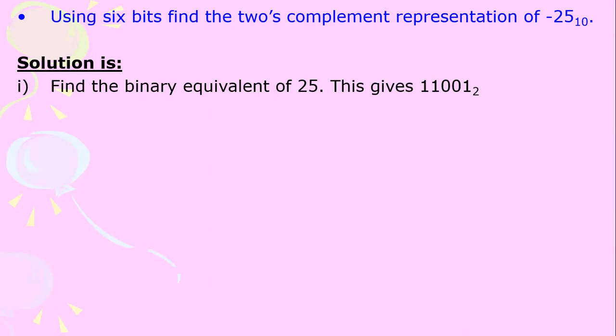So if we continuously divide 25 by 2, generating the remainder using the long division method that we learned in part 2 of this series of presentations that is posted on the Emily Swap ICT YouTube channel, we get 1, 1, 0, 0, 1 binary.